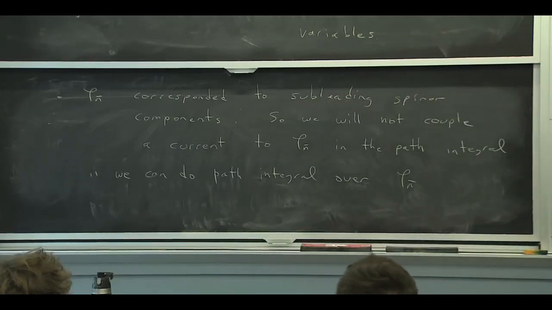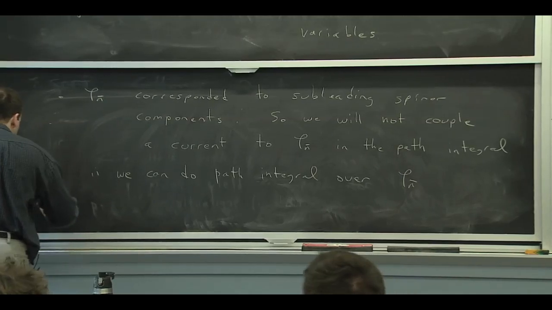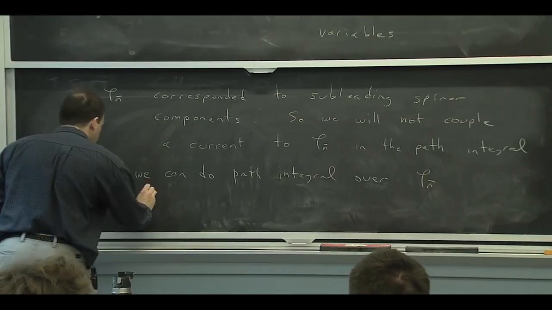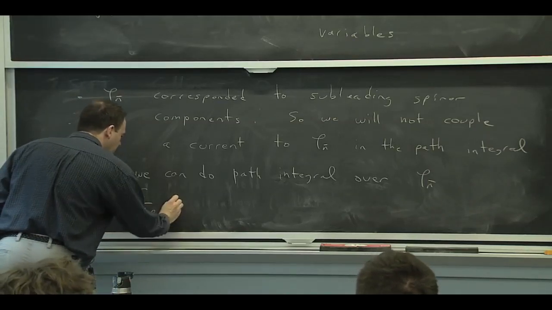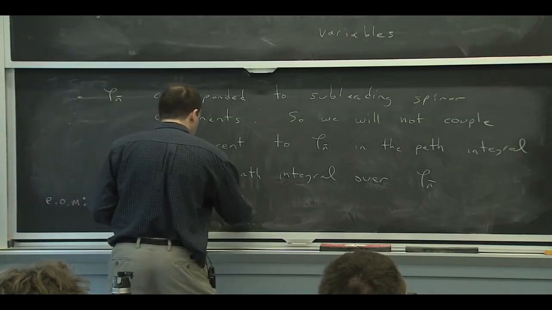So doing the path integral for this quadratic field just means solving the equations of motion. So we take the variational derivative with respect to phi n bar of the Lagrangian, and that gives us the following equation.